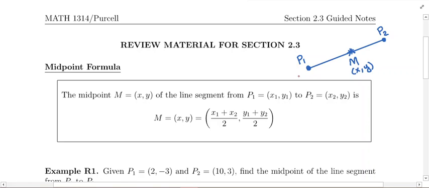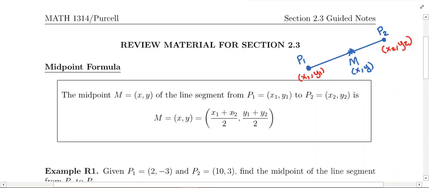Like we said in the definition, point 1 has coordinates x1, y1, and P2 has coordinates x2, y2. And so to calculate where that point right smack dab in the middle of the line segment is located, to get the x coordinate of the midpoint, you just average the x coordinates of the 2 points.